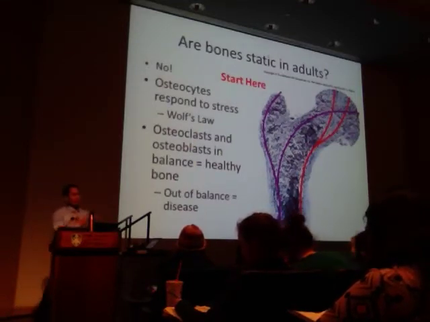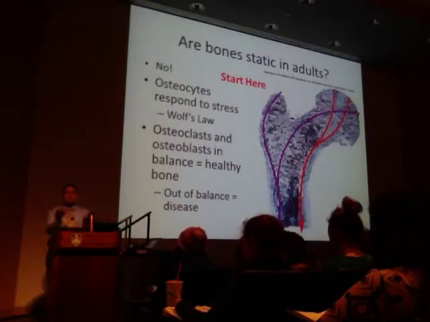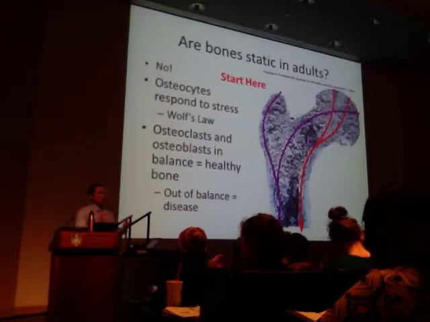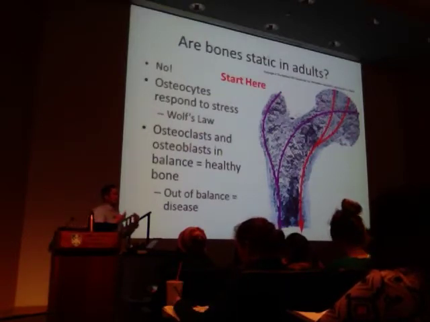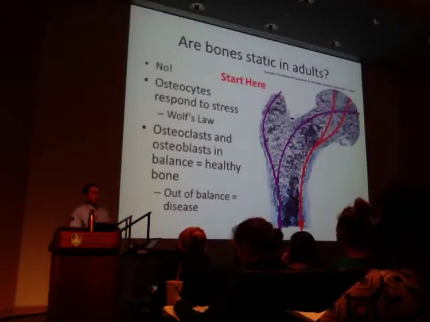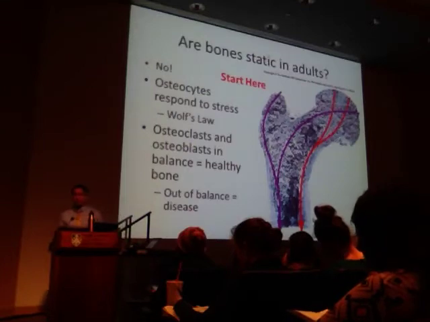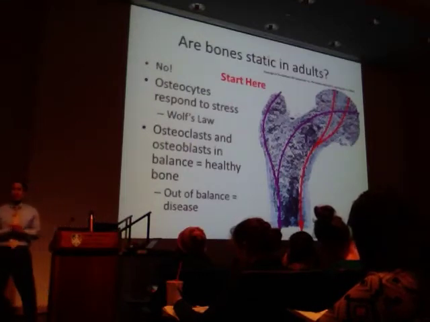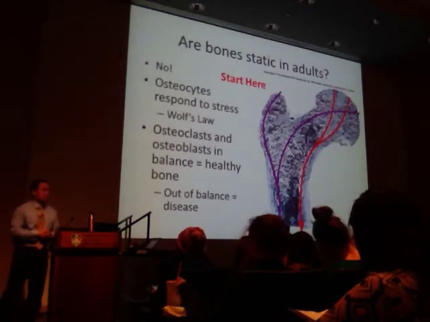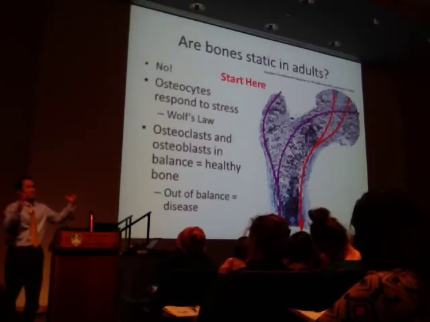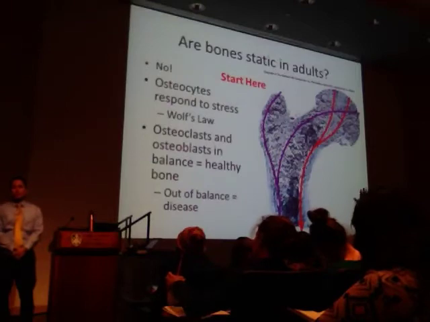And bone itself is going to remodel or change based upon the force or stress that it's placed under. So if you have bone that's under weight bearing, you're going to favor osteoblasts and build new bone. If you have bone that's not being loaded, like a bed rest patient or a patient in a wheelchair, you're going to see osteoclastic activity dominate, and you're going to get decreasing of the density of the bone.